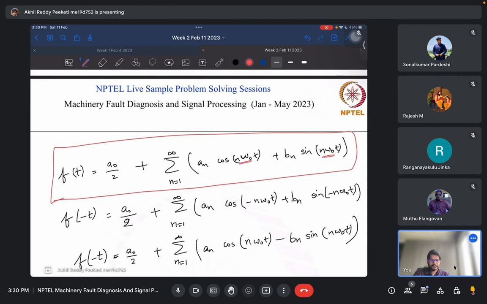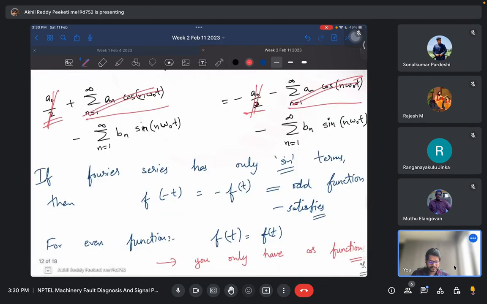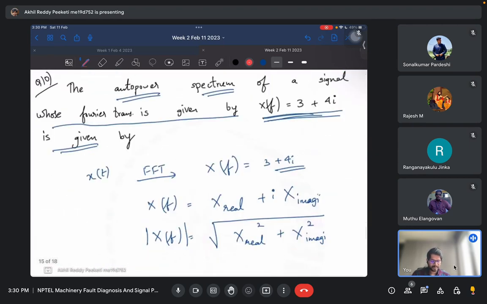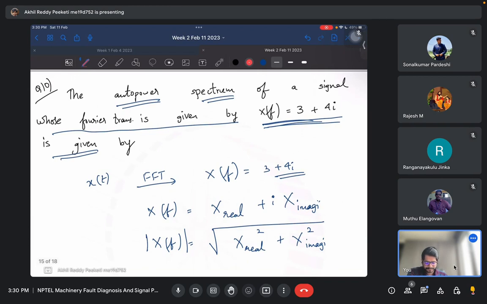So when you do the Fourier transform for a given signal, you have some real component and some imaginary component. From that real and imaginary part you can estimate auto power, coherence and other quantities. We will see them one by one in this session.